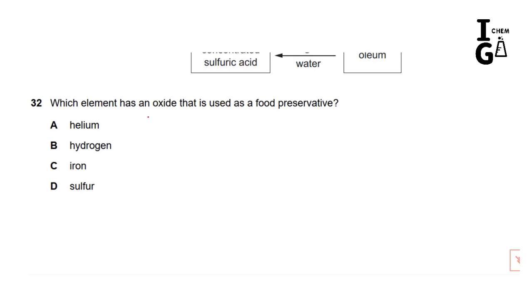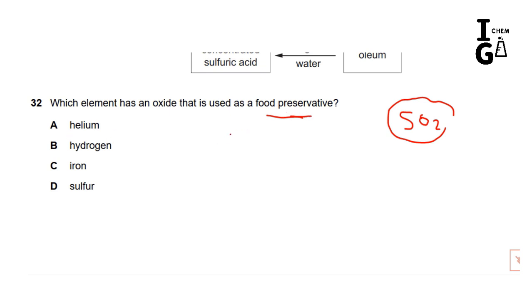32. Which element has an oxide that is used as a food preservative? Guys, we have mentioned something causing acid rain, which was SO2 gas. Despite SO2 gas being a really dangerous gas because it forms SO3 and then acidic rain, it can be used in food preservatives, but of course in a small quantity.